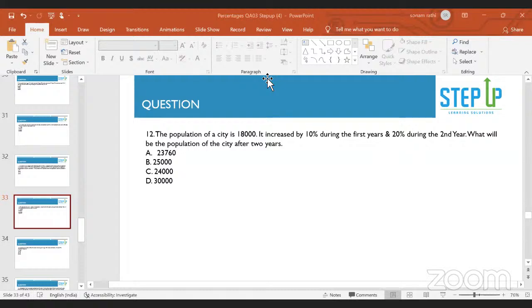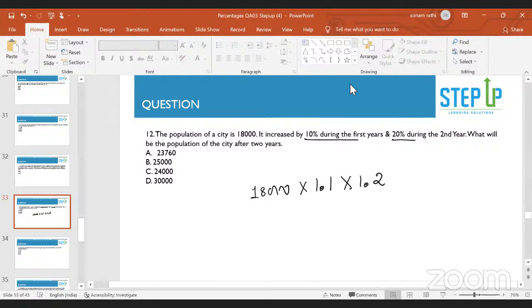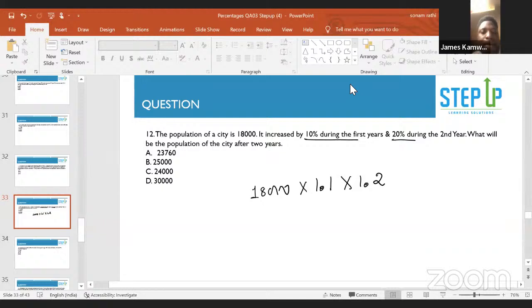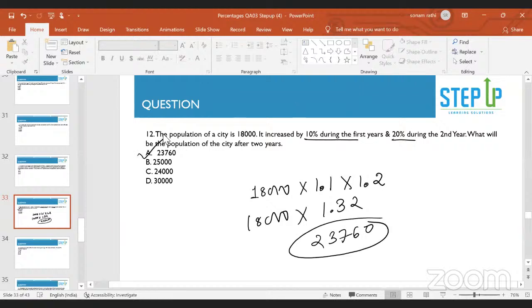The population is increased by 10% the first year, so 1.1, and increased by 20% means 1.2, right? 1.1 into 1.2 is 1.32, into this gives 23,760. Option A. Right?